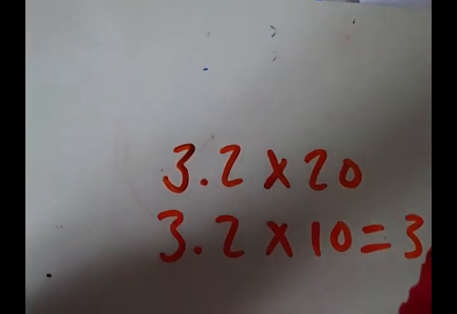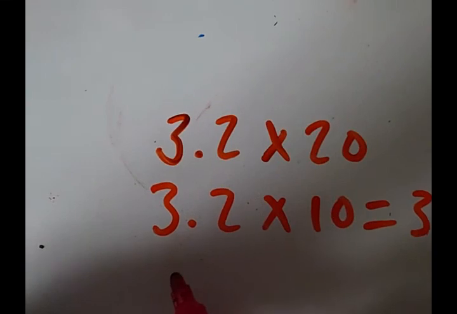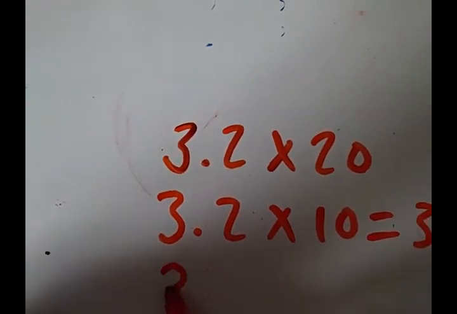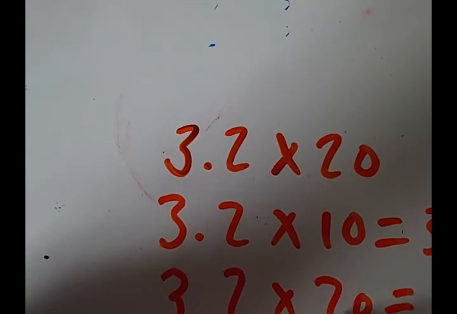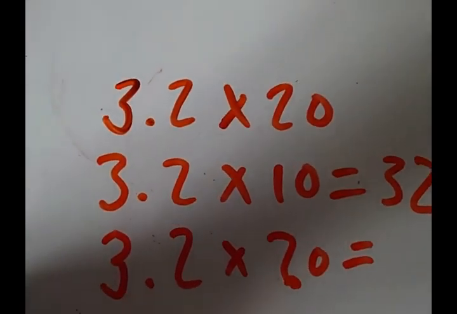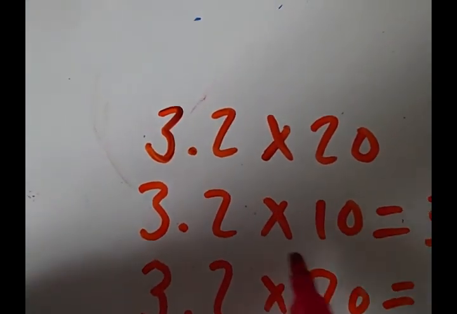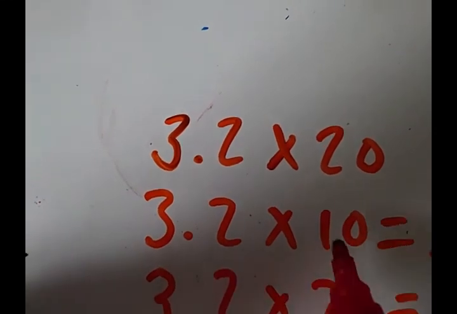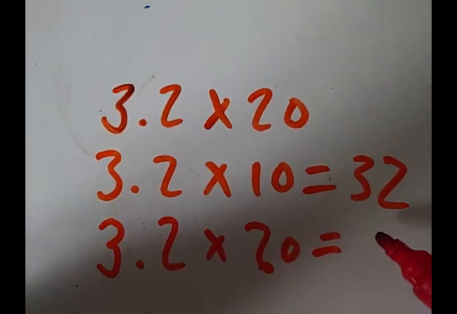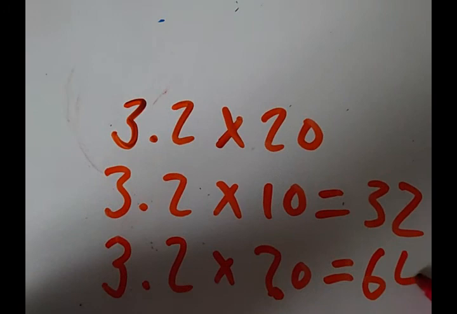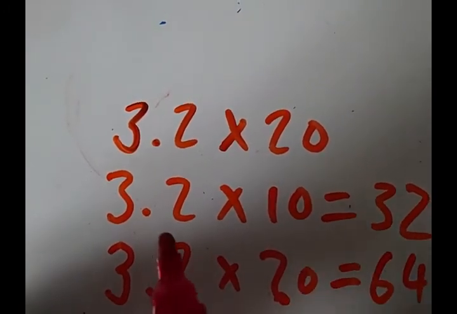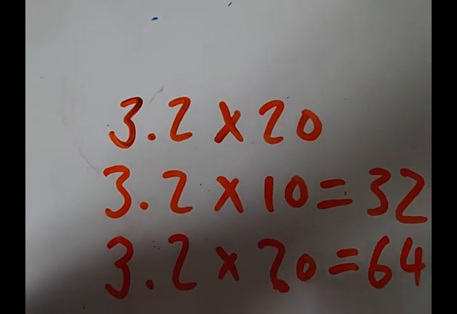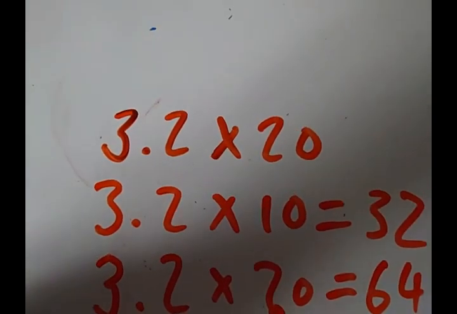Because if you move those across one, you end up with 32. And 20 is the opposite. Sorry, 20 is double 10. So I'm doubling this, which ends up with me being 64. Because I'm timesing it by twice as much. So 3.2 times 10 is 32. 3.2 times 20 is just going to be twice as much. It's going to be 64.